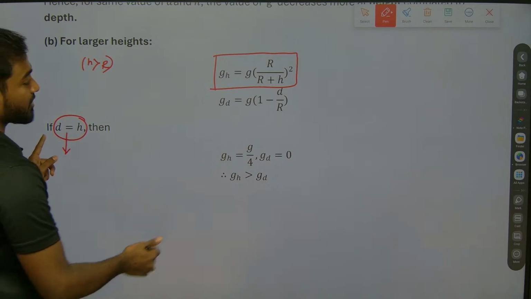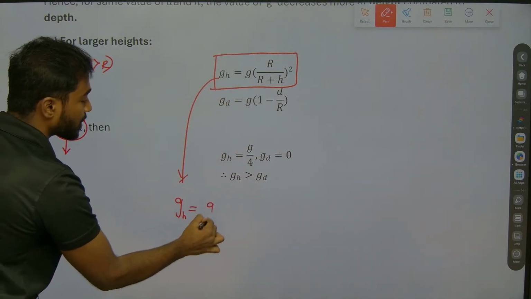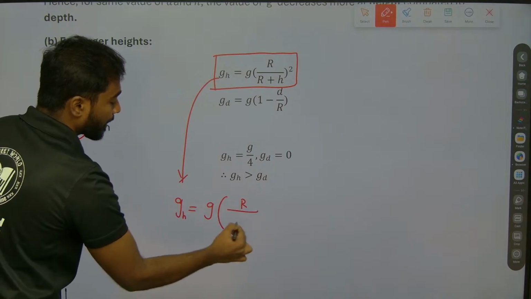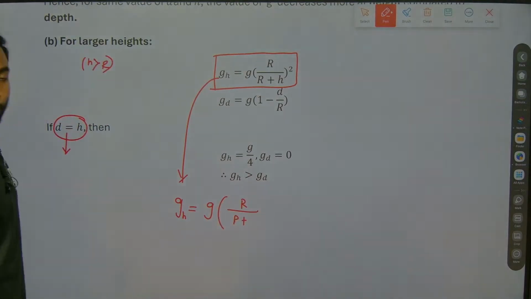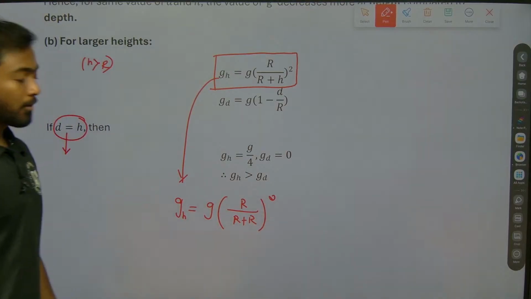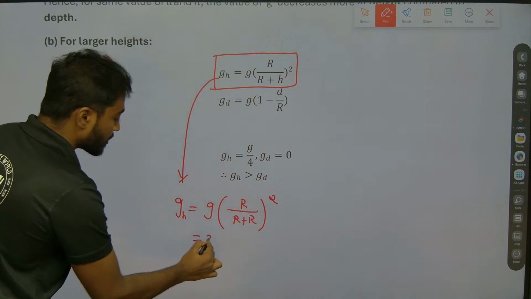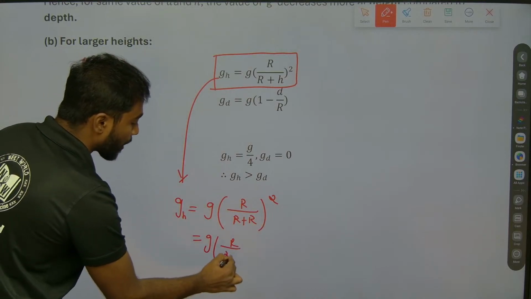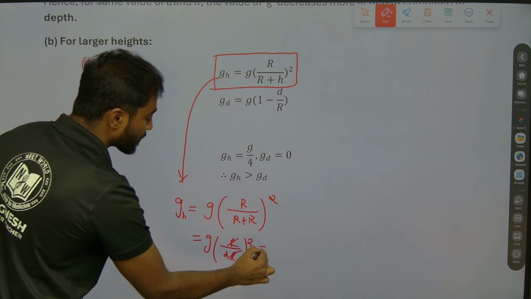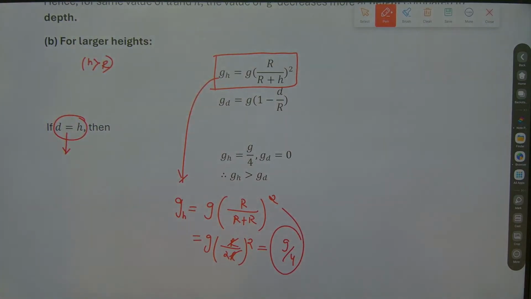Depth is equal to h, in the sense we can take this as g_h will be equal to g into r by (r plus r), no, (r plus r) into whole square, which is nothing but g into r by 2r, r will get cancelled, which is g by 4, right.